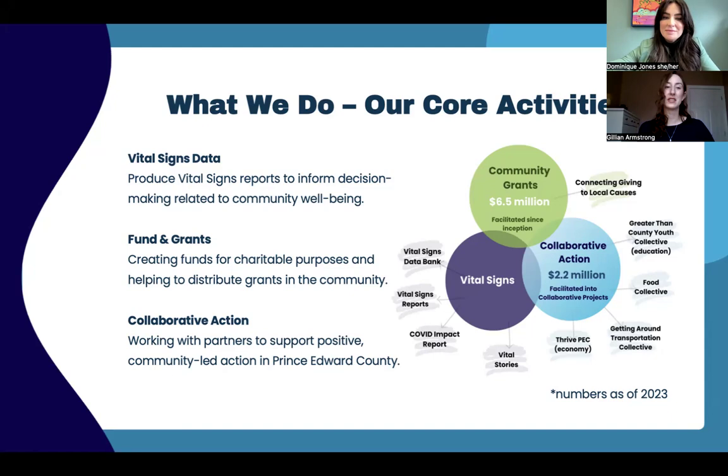So funds is obviously the focus of our webinar today. And so this work involves creating funds for charitable purposes and helping to distribute grants in our community. So I think a lot of people are familiar with the grant side, but maybe not so much the fund side. And then lastly, collaborative actions. We work with partners to support positive community-led action in Prince Edward County.